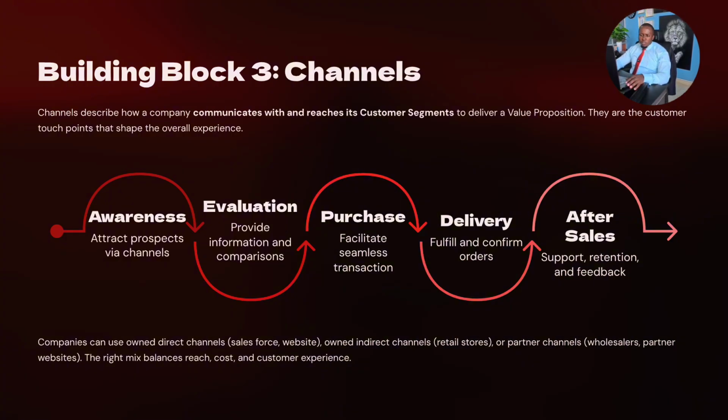Companies can use different channels. First, they can use their own direct channels, such as Salesforce. This is their sales team, or their own website. Or they can also use owned indirect channels, such as retail stores. They can also rely on partner channels.